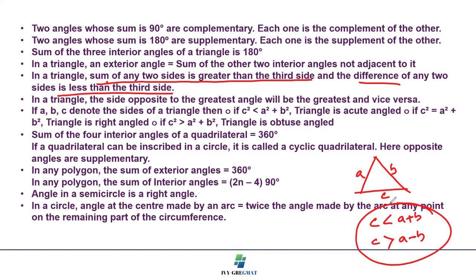In a triangle, the side opposite to the greatest angle is the greatest, and vice versa. ABC denotes the triangle. If C square is this, okay, fine, we have obtained this.